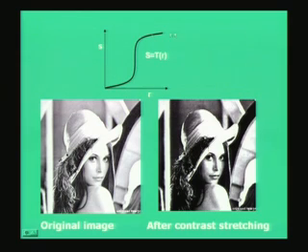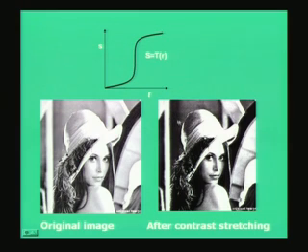Now, what is the purpose of this type of transformation function? What it basically does is low values of R are made still lower, pushed down, and higher values of R are pushed to a larger value, and that results in an output image of this nature here. As you can see, the brighter portions have become much brighter and darker regions have become very dark.